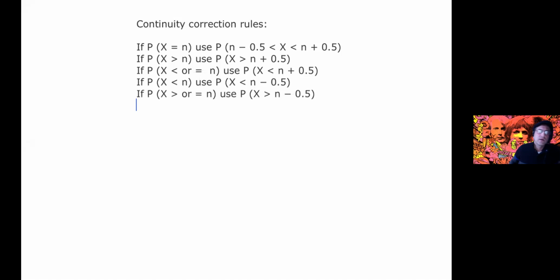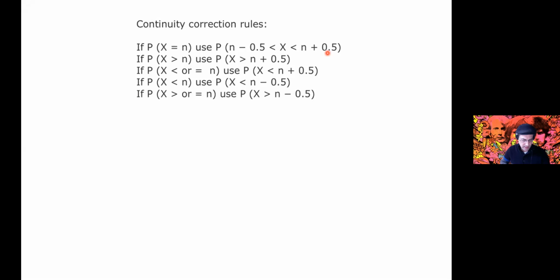Now I just want to talk about what correction rules we should be using. If we have the probability that X equals n, the continuity approximation should be what we just did before. We add and subtract 1/2 from n.